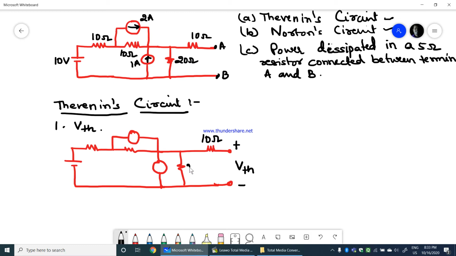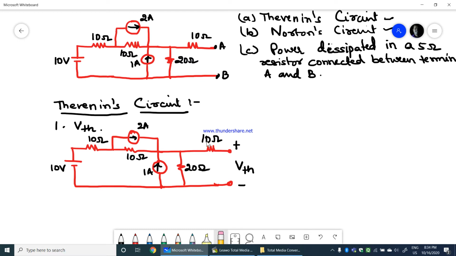Okay, 10 ohms, 20 ohms, 1 amp, 10 ohms, 2 amps, 10 ohms, and 10 ohms. Yes, now we need to find out what is VTH across this open circuit terminal. Now if you carefully see this circuit, as this is open circuit, this resistor is connected to one of the open terminals.